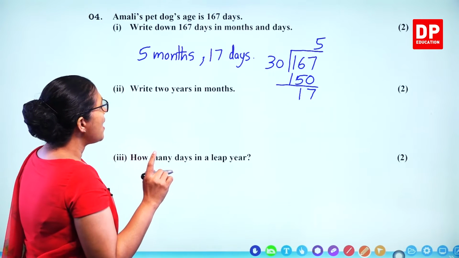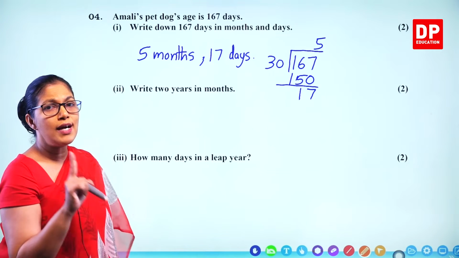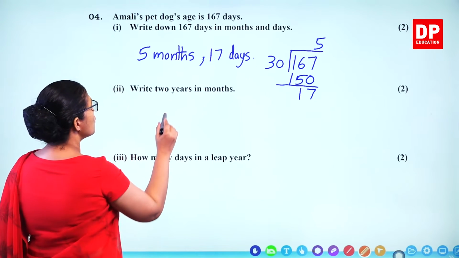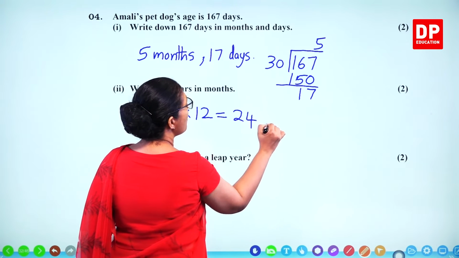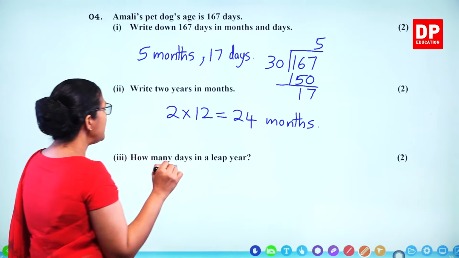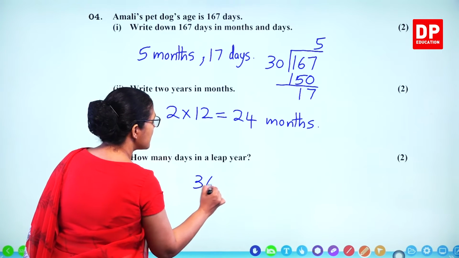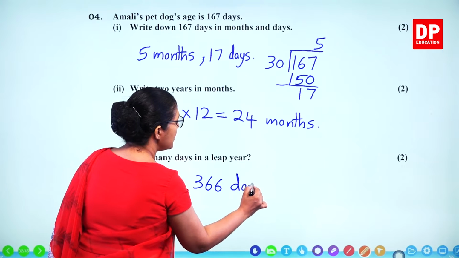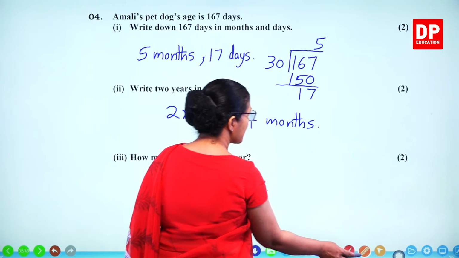Write 2 years in months. Each year has 12 months. So 2 years, 12 into 2, 24 months. How many days in a leap year? Leap year 366 days. Normal year 365, leap year 366.